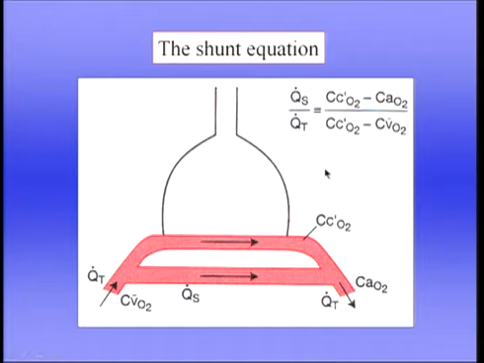Now, sometimes a shunt is not caused by the addition of mixed venous blood to the arterial blood, but by some other kind of blood. In an arteriovenous anastomosis, it will be mixed venous blood, but if the shunt is between the two ventricles, then we can't assume that the blood going across from the right ventricle to the left is true mixed venous blood.